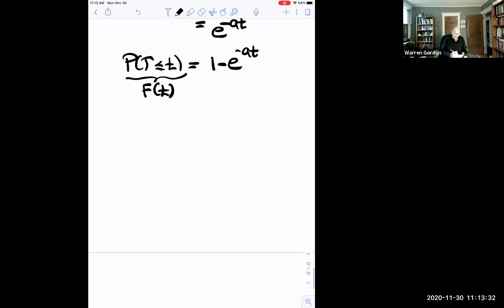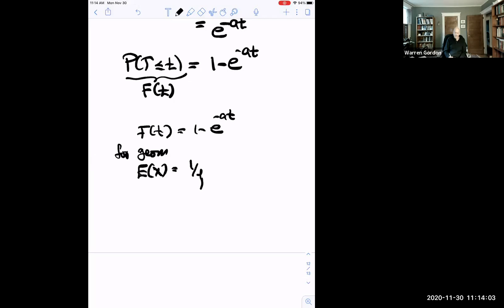So note, by the way, for the exponential, F of t equals 1 minus e to the minus alpha t is very useful. And by the way, the exponential is the continuous analog of the geometric distribution. Remember, for the geometric distribution with parameter p, we showed that E of X was 1 over p.